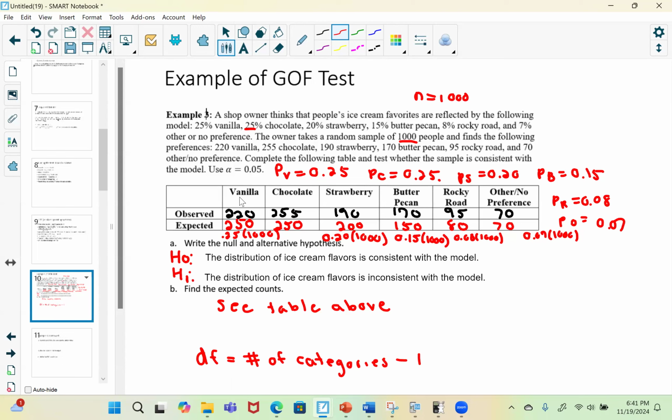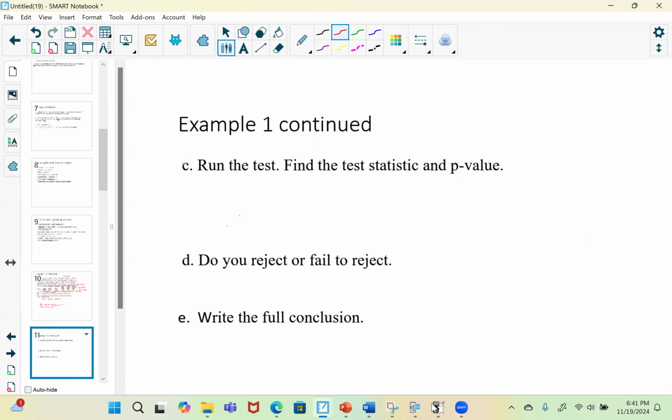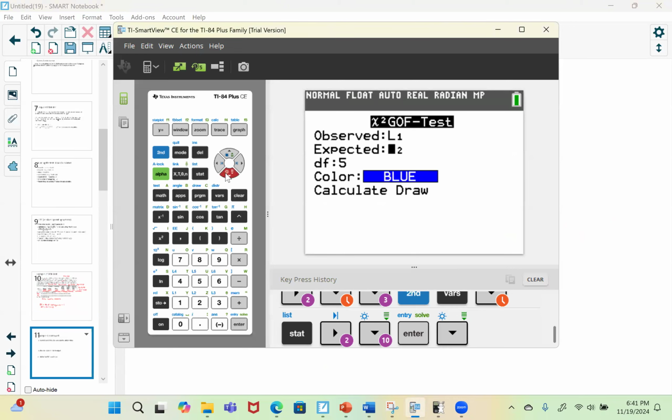The number of categories is, in this case, how many flavors I have. So I have 1, 2, 3, 4, 5, 6. So the degrees of freedom would be 6 minus 1, which is 5. So you count how many columns of data you have, and that would be the number of categories. So we're going to change that to 5 if it's not already. Hit calculate.